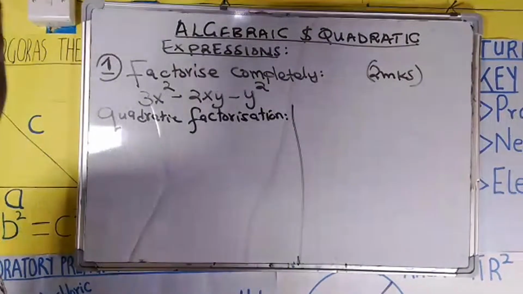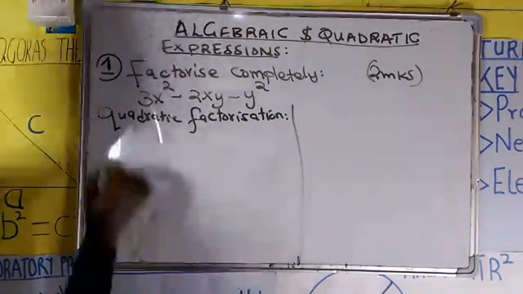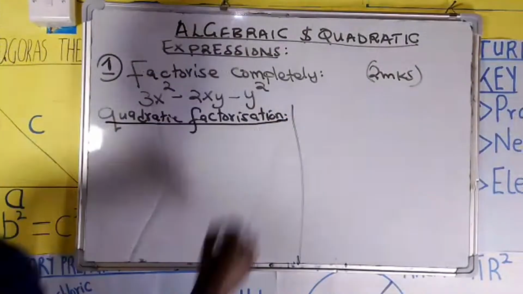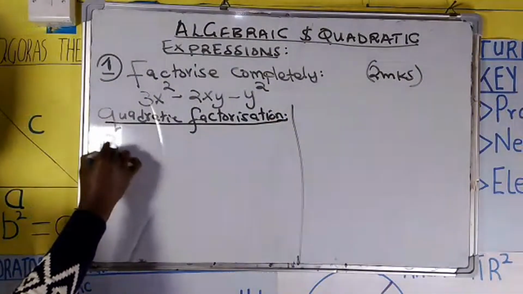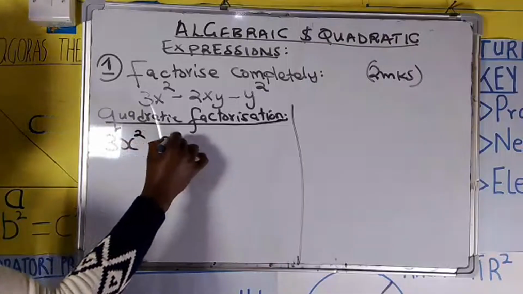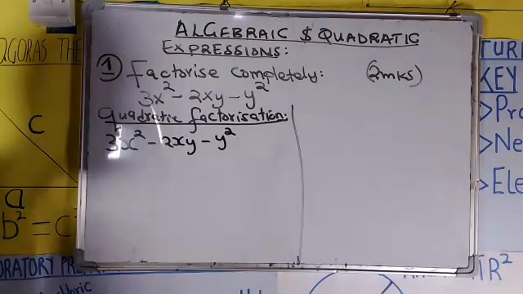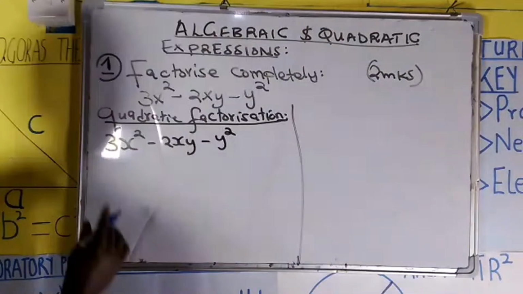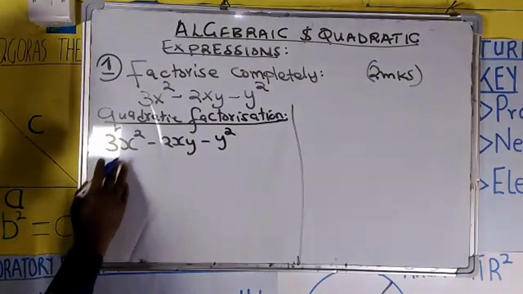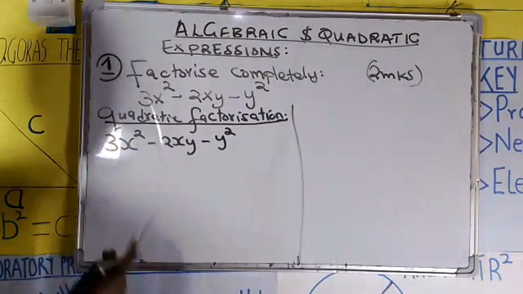And how do we apply quadratic factorization? This is how we apply it. So 3x squared minus 2xy minus y squared. To determine the factorization, we proceed to find the product and sum using the product-sum method.